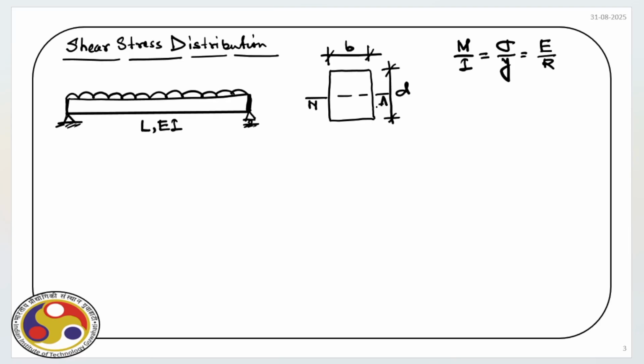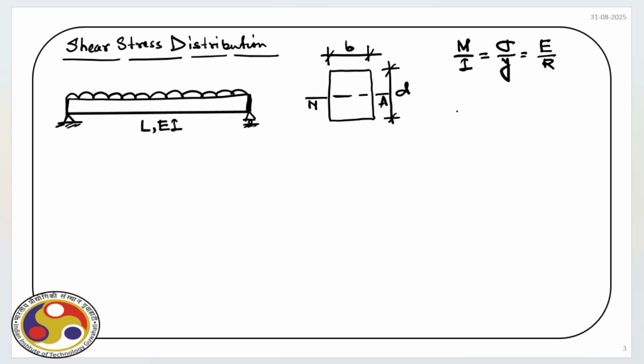It is actually the location where during bending the beam section neither experiences tension nor compression, right? So there is no change in length of the fiber along this neutral axis as we go along the longitudinal axis of the beam, right?